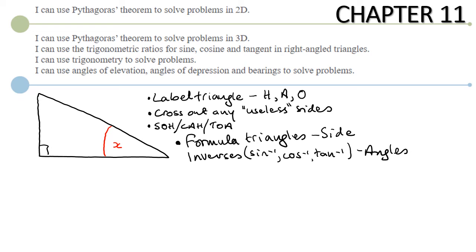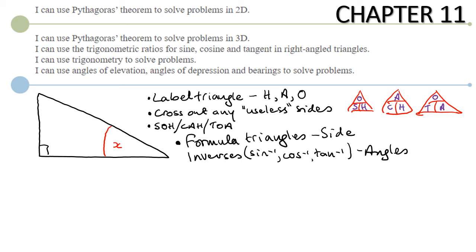Now the formula triangles, there are 3 of them. So we've got 1 for cos, 1 for sine, 1 for tan. So it just goes like this: S-O-H, C-A-H, T-O-A, like this. And you know that when things are next to each other, you multiply.